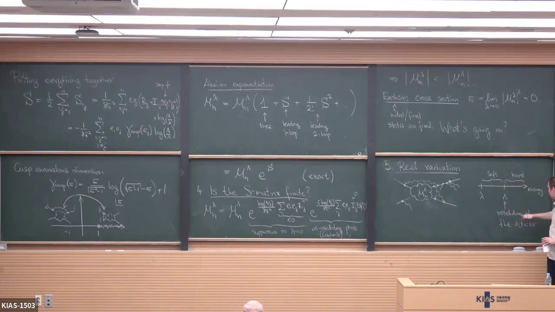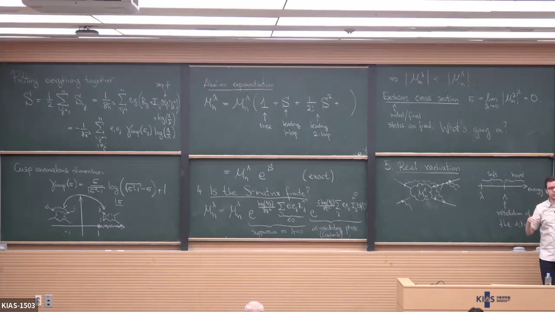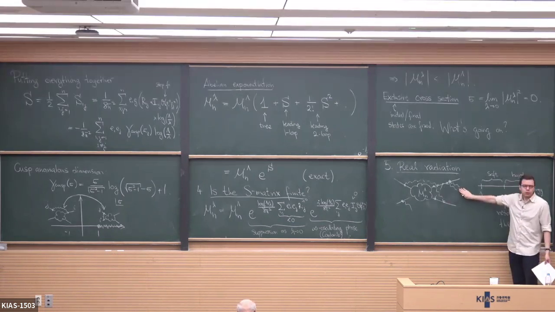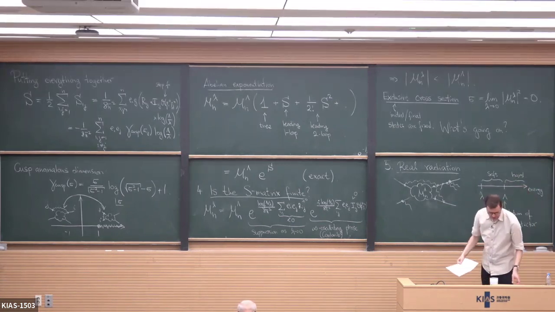If the resolution of the detector is capital lambda, we have to include the soft radiation coming from this strip, and only then can we take the limit of small lambda going to 0. So what we've done so far is include the effects from the loop stuff, but we forgot to include the external radiation. Let's fix that in the next step.